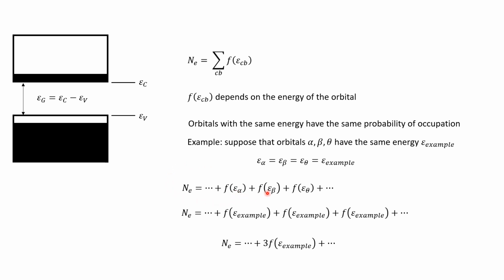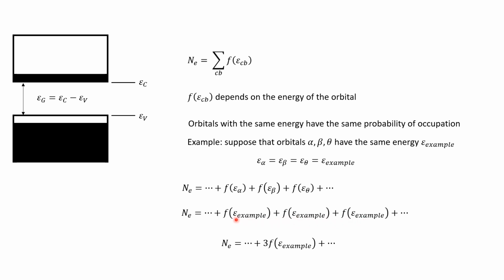But if these three orbitals of our example had the same energy, then this number is the same as this number and is the same as this number. They are all the same number. In other words, they are the number that the Fermi-Dirac distribution returns for the energy of the orbital, which we are calling epsilon example.